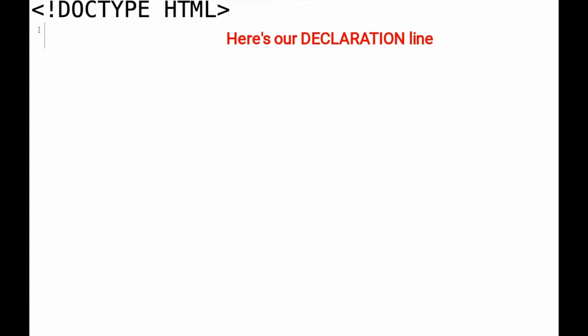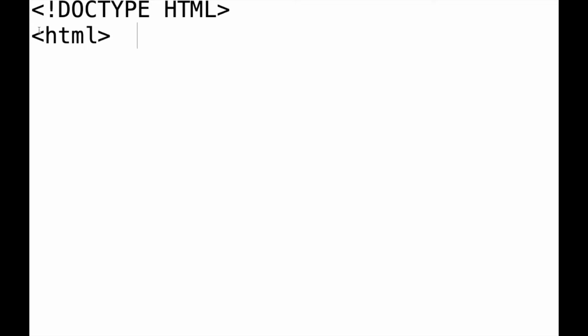Next, we will add our HTML element, angle bracket, HTML. We learned that for each element, we have to have an opening and closing tag. Here's our opening tag. Our closing tag would be the same. The only difference is we would add a backslash prior.